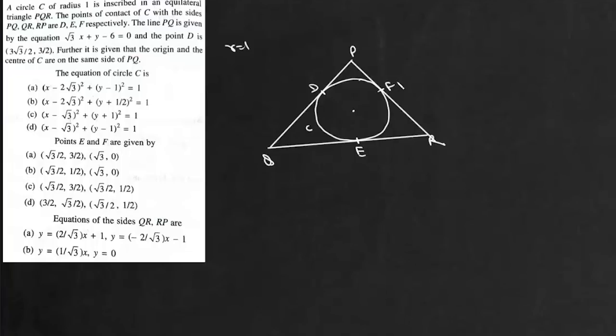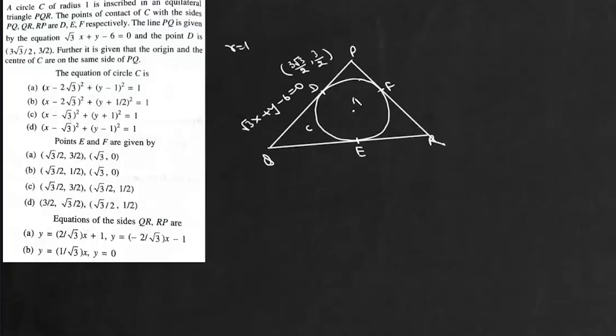And we are given this line PQ, and PQ is root 3x plus y minus 6 equals 0. And the coordinate of this point D is (3 root 3 by 2, 3 by 2).